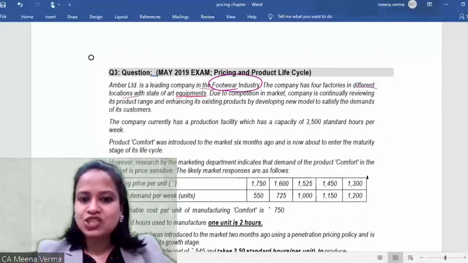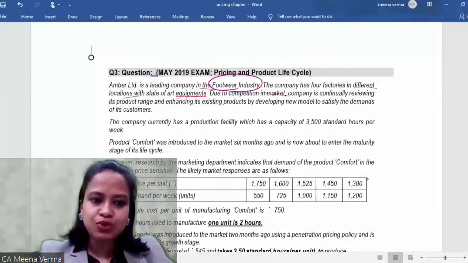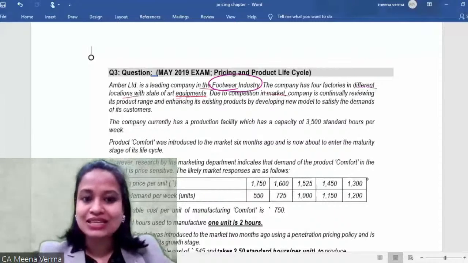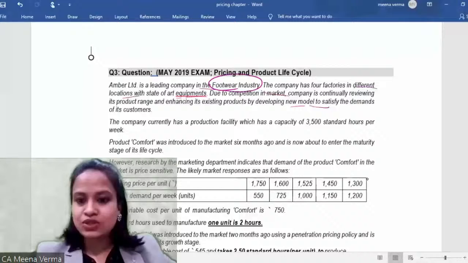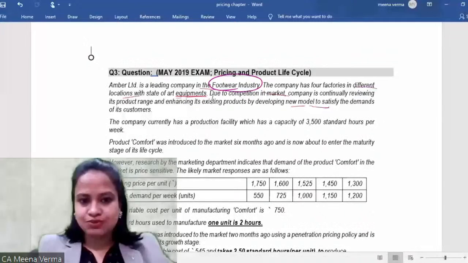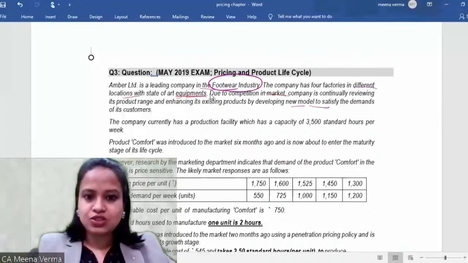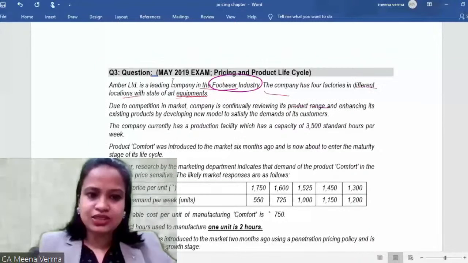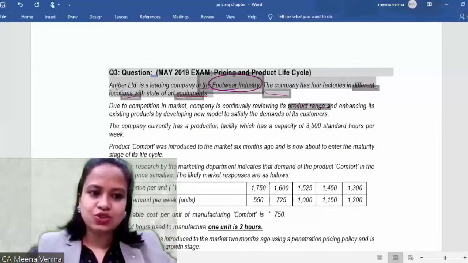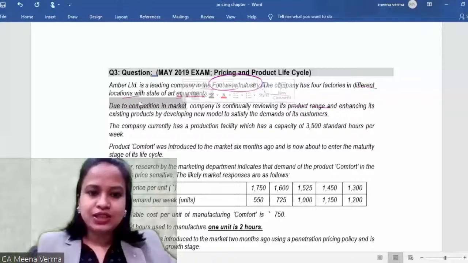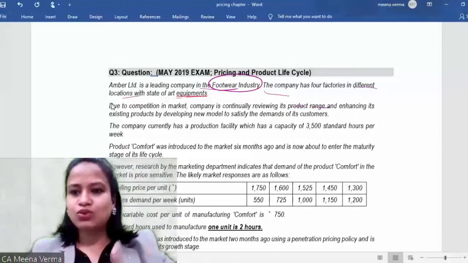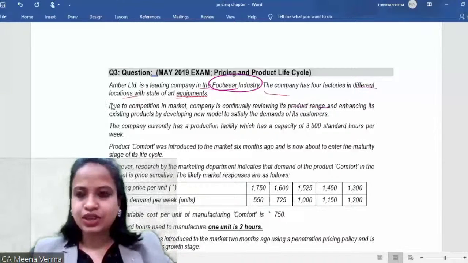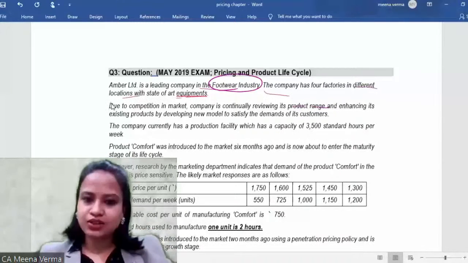Due to the competition in the market, the company is continually reviewing its product range and enhancing its existing product by developing new models to satisfy the demand of its customers. So you can see there is competition in the market. This line is not so relevant. Due to competition, they are trying to develop a new model in order to remain competitive in the market.